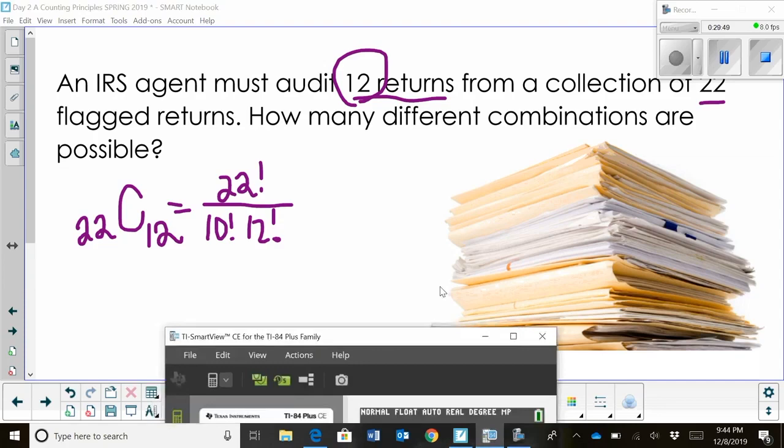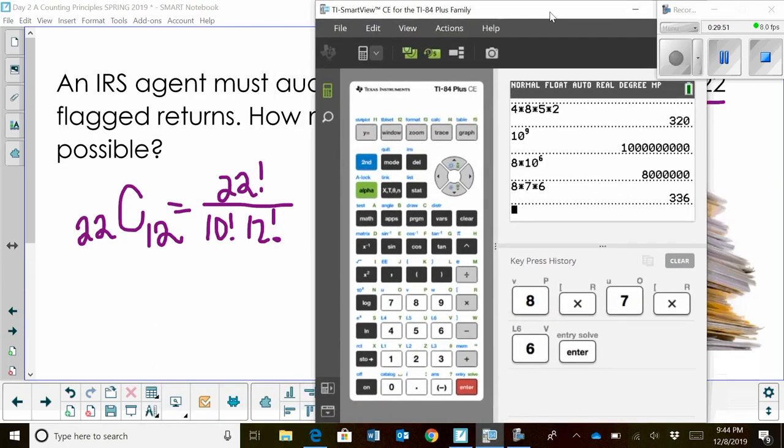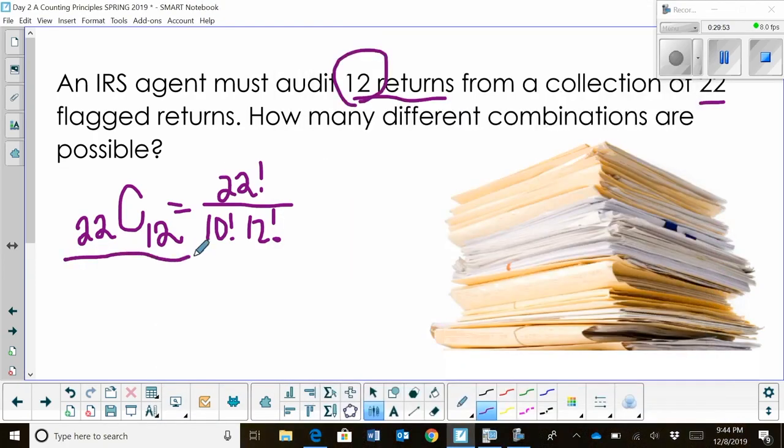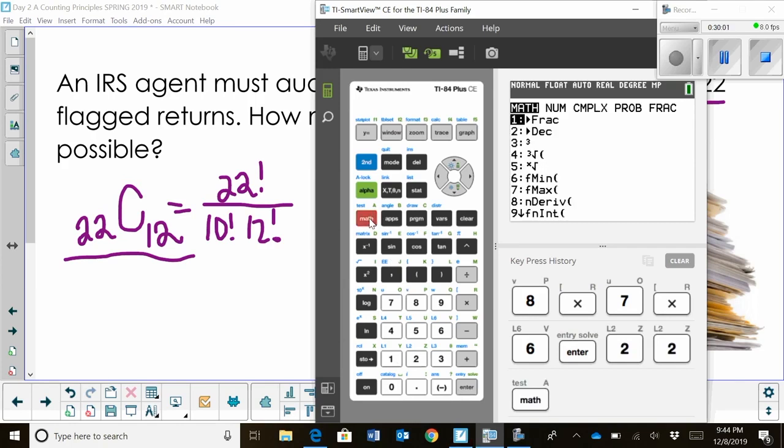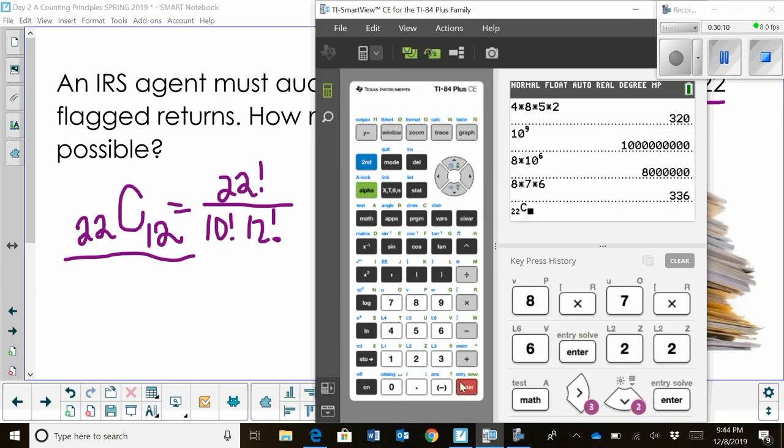So I'm going to grab my calculator, and this time I'm going to use my buttons to calculate that. So I'm going to type in 22, and I'm going to go to the math button. I'm going to go over to probability. I'm going to choose, in this case, a combination, and I'm choosing 12.